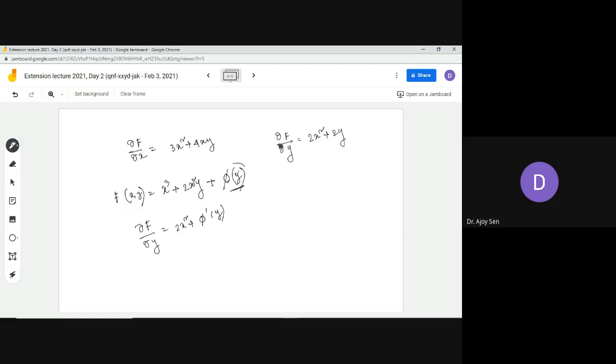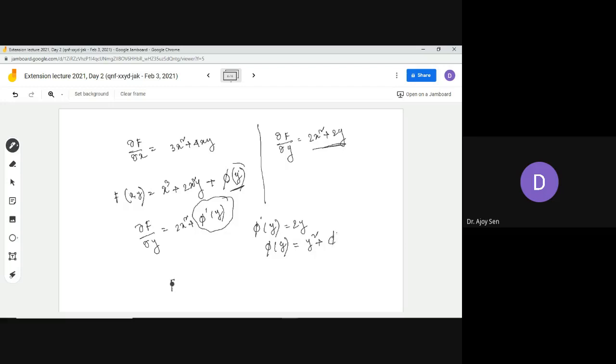But you know del f del y is 2x square plus 2y. So phi dash y should be 2y, and from this you can at once check that phi y should be y square plus a constant. This constant, you can call d, is a perfect constant.